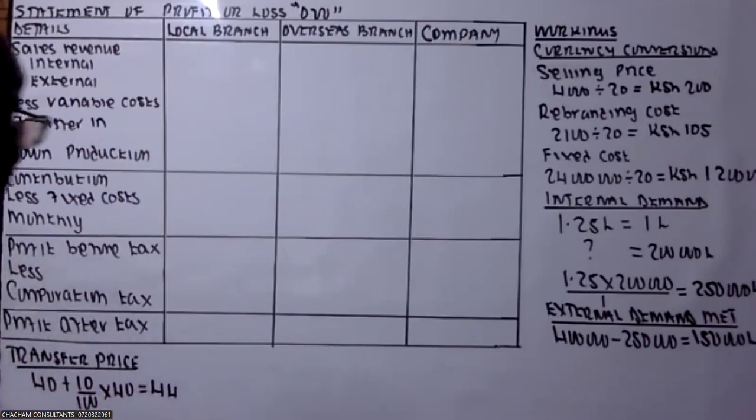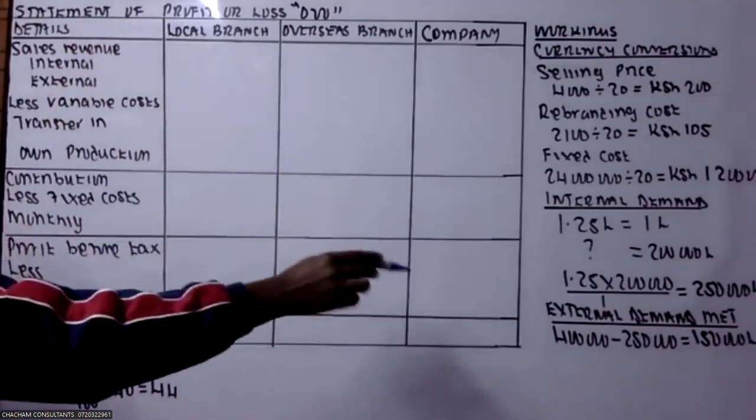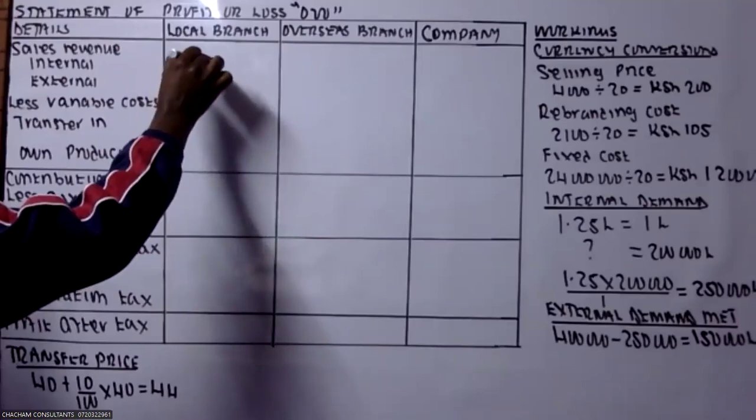So if the transfer price is 44, I think we have responded to all the additional information except tax, which will come later. So here the internal sells 250 at 44.